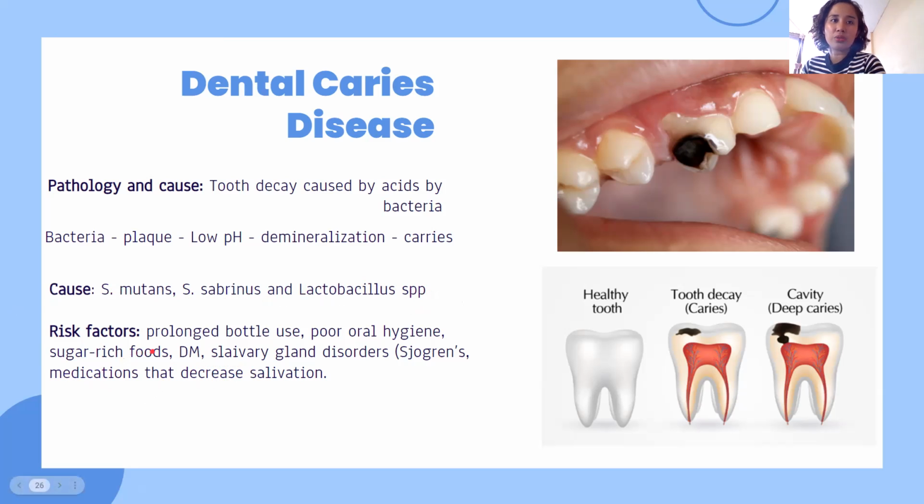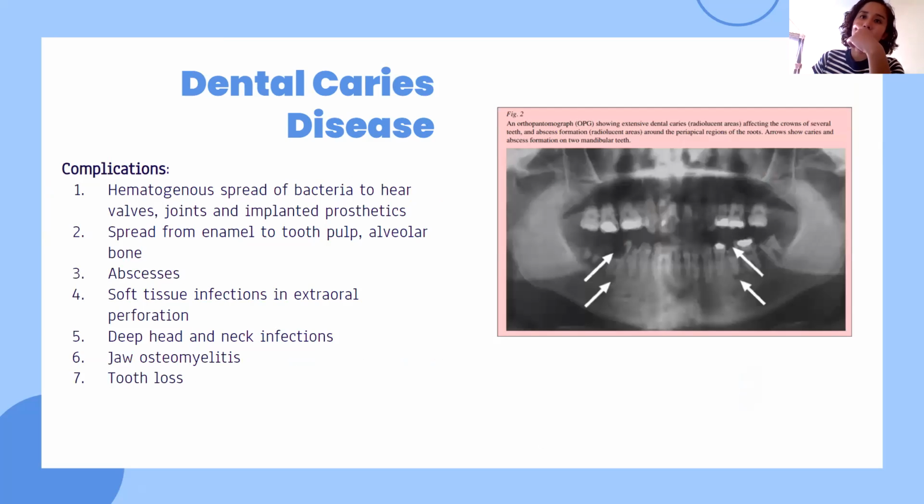Risk factors for who are more prone to having dental caries: prolonged bottle use, so children with milk teeth who use the bottle for a very long time, poor oral hygiene, eating sugary foods, diabetes mellitus, and salivary gland disorders, for example Sjogren's. With Sjogren's syndrome, there is really no saliva, so they are more prone to infection, with decreased salivation, and medication that decreases salivation. So guys, bad breath is also reduced because of saliva.